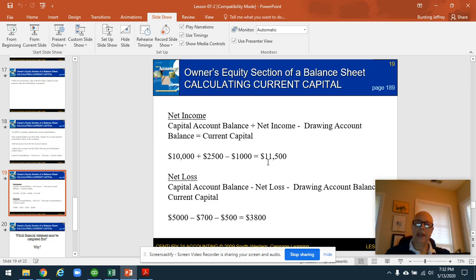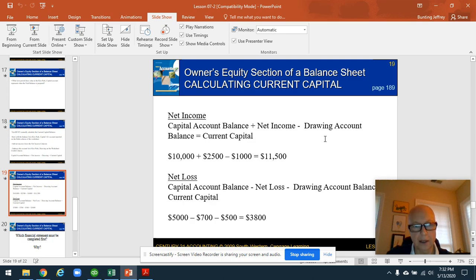Examples. Capital account balance, which is the amount you've carried over to the right two columns. Okay, this is going to be in the 7th column. Okay, your capital account balance, your 8th column. Okay, plus your net income, which is down at the bottom on the row that says net income or loss. Okay, you add capital account balance plus net income minus the drawing.